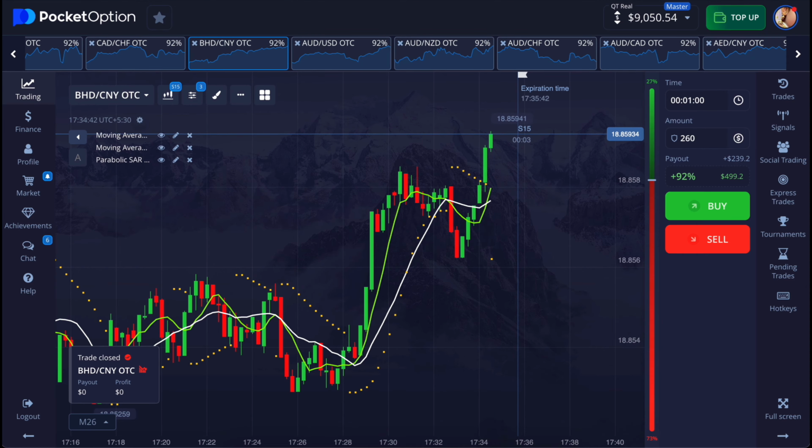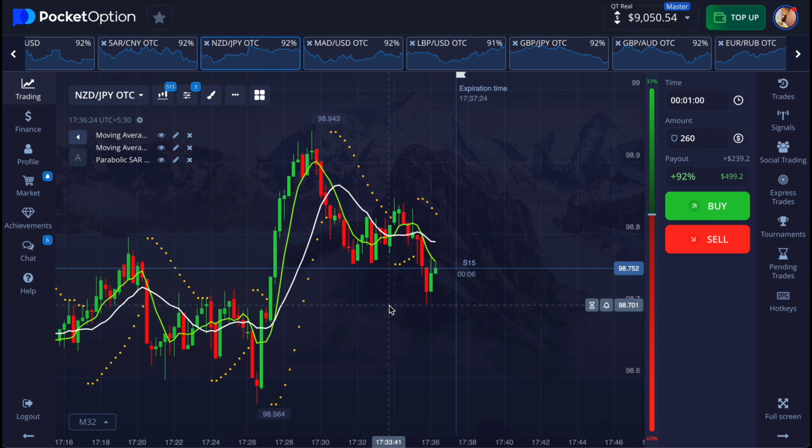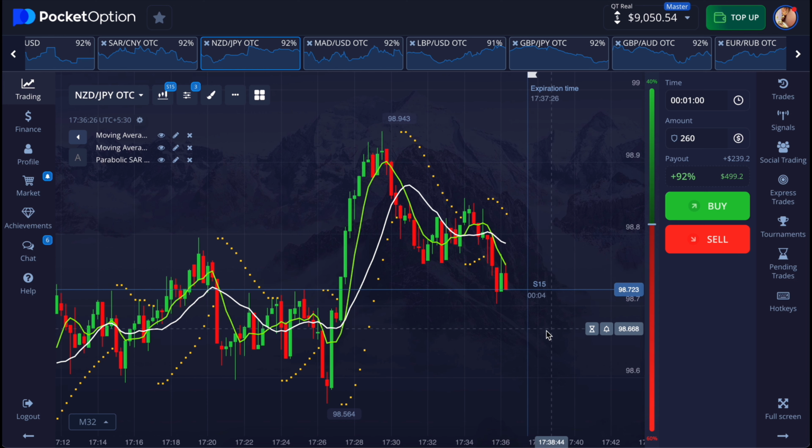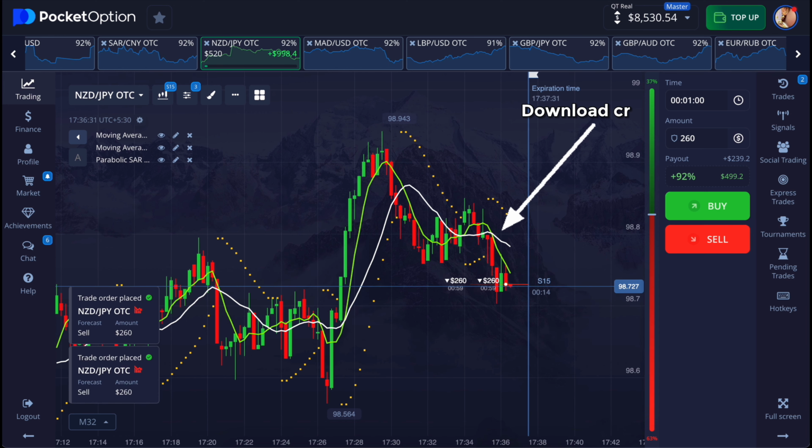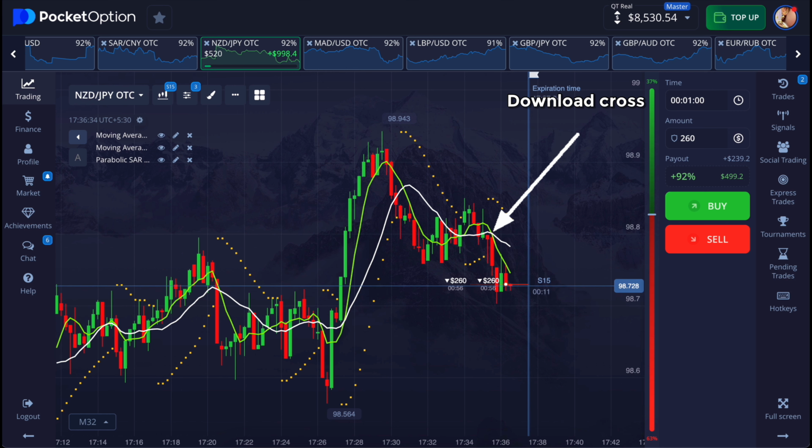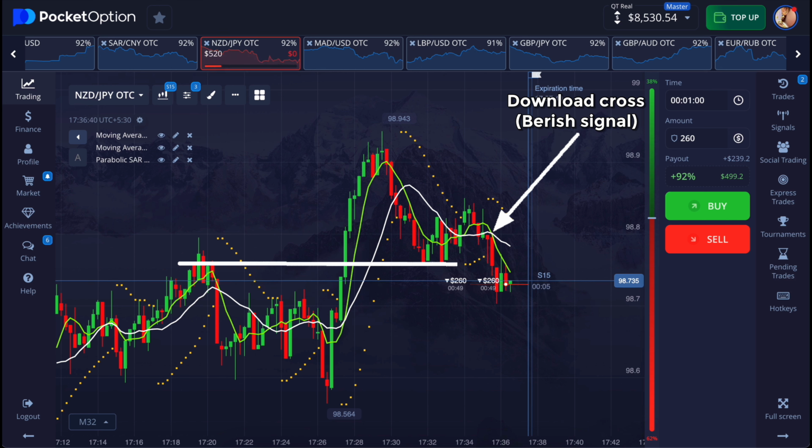Unfortunately, our entry lost here. So here the indicators have provided signal in the downward direction. So here both the lines of moving average have crossed each other in the downward direction. So this is a bearish signal. And one important thing is that the market has broken this support.